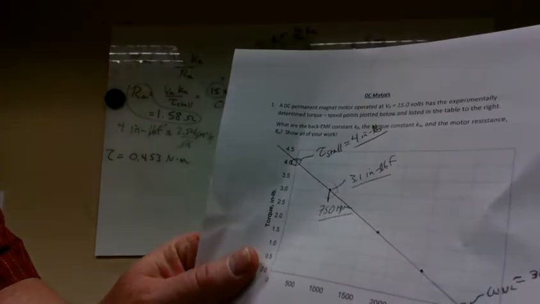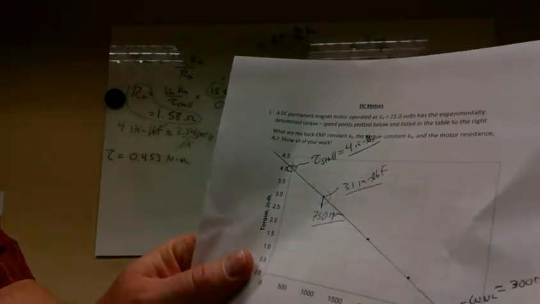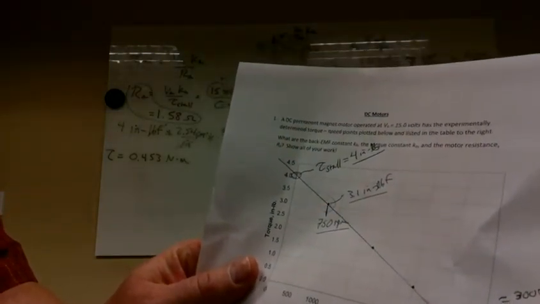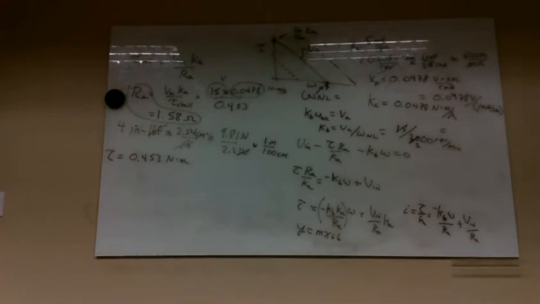So torque times speed is power. And then the electrical power is voltage times current. It is not I squared R, not in general. Let me get a different marker going here and we'll see what we can do to that end.